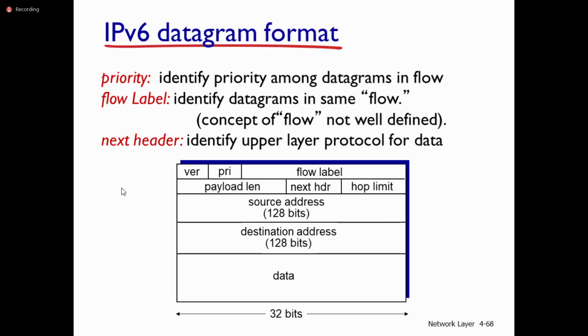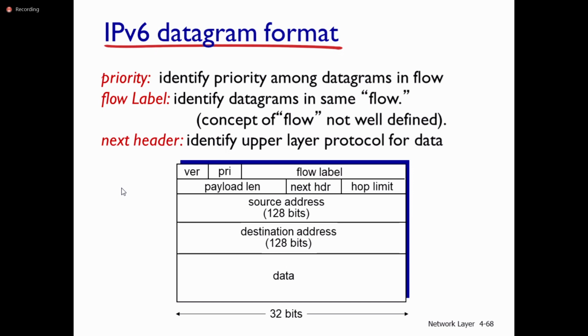There is a field called priority, used to identify the priority among datagrams in a flow. If the priority is higher, then that particular datagram is forwarded first. That is the importance of the priority field in IPv6.